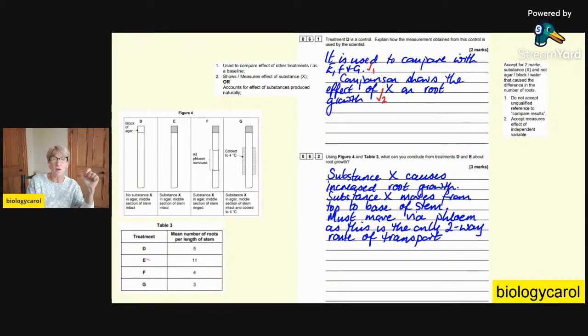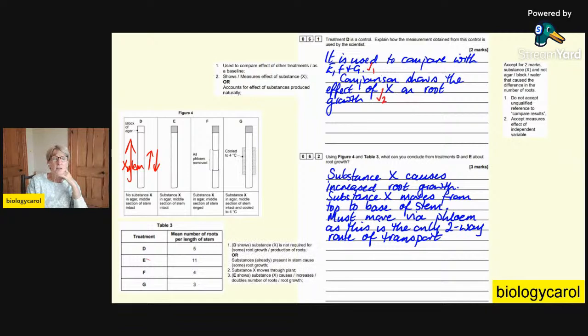Oh, it moves via the phloem, as this is the only 2-way route of transport. So there was me trying to say, the xylem, this is the direction of the xylem. I don't think I expressed this very well, by the way. This is the direction of the xylem. And of course, the phloem can move stuff in both directions, so it's the only way in which the stuff could have moved down the stem.